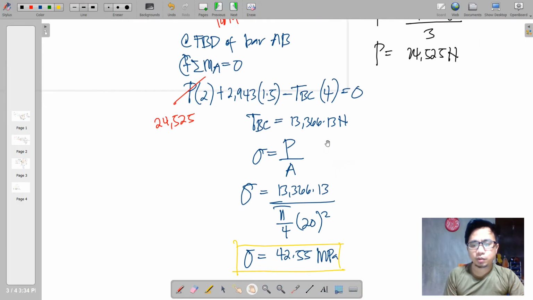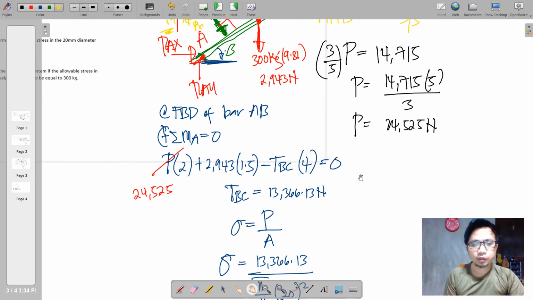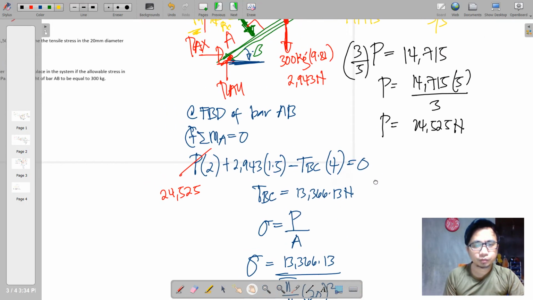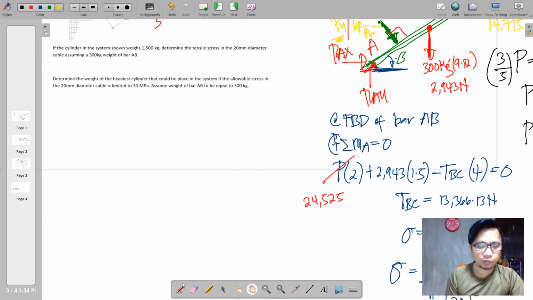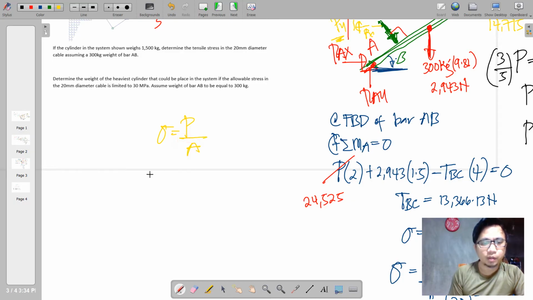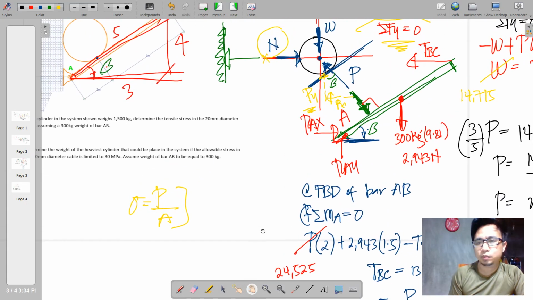So we can refer to our previous solution. Perhaps we can compute for the allowable load on the cable, or the tensile limit, by simply using this formula, P over A, for your cable BC.